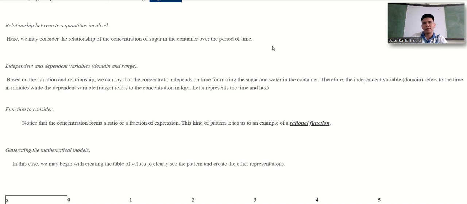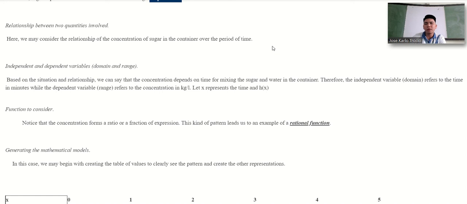Let's say the growth of a plant is dependent on the amount of sunlight received, and the water received. So that is one. The independent variables are the sun and the water, and the dependent variable is the growth of a plant.